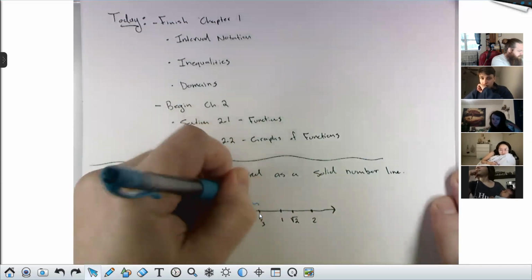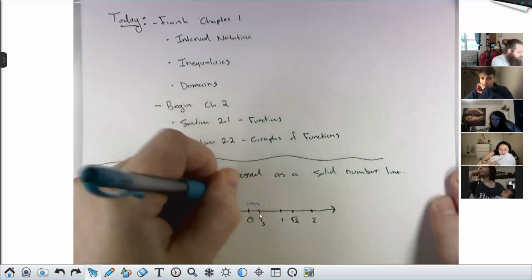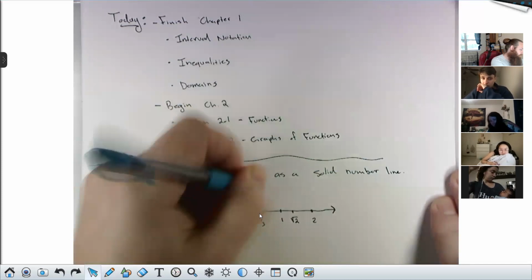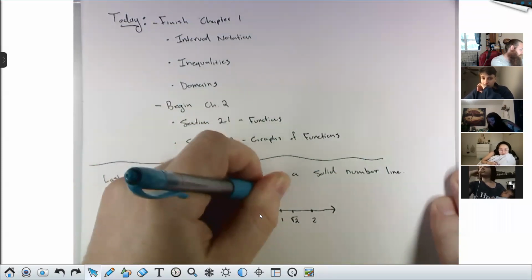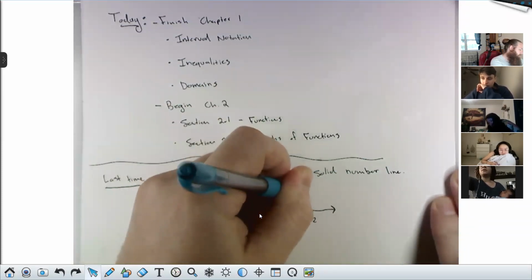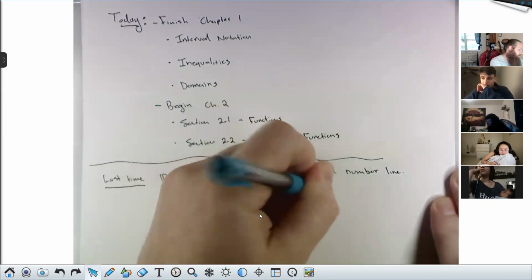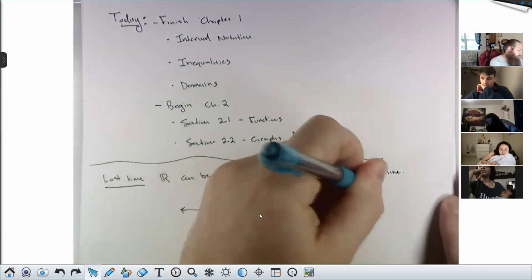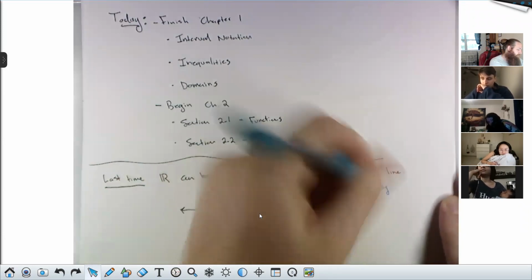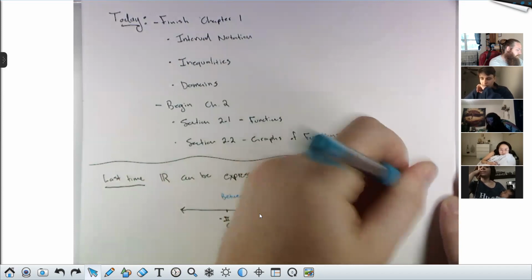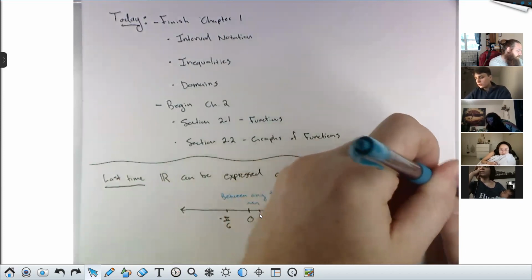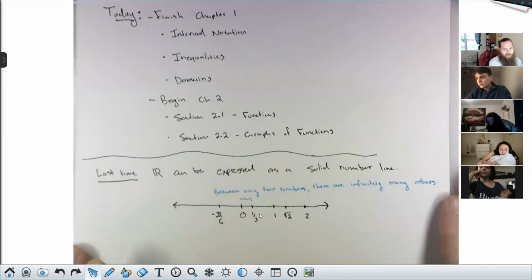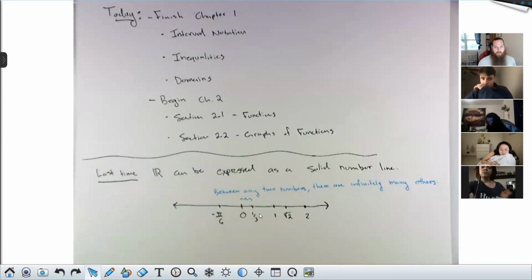It turns out this isn't equivalent to saying the line is solid, but it is a consequence of completeness, that between any two real numbers, there's infinitely many more real numbers.